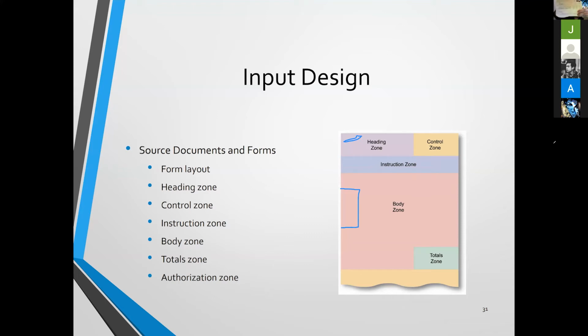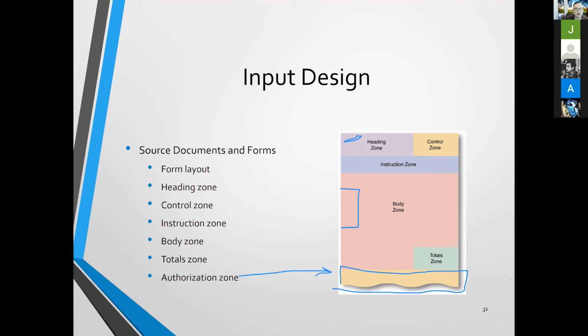The next one is the instruction zone. It may tell you what this document is used for, how many copies we have, and so on, but some documents don't have the instruction zone. The next part is the body zone. The body zone is similar to the output. It might be a table like this and then you enter the data in here: what products do you want, how many items, how much does it cost, something like that.